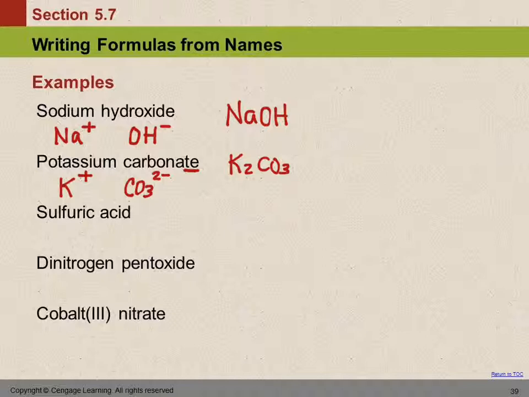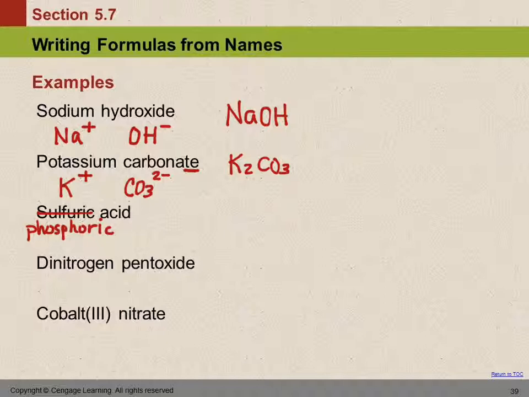What kind of a compound is sulfuric acid? Maybe an acid? We just did sulfuric acid, so I'm going to change this one. Let's make it phosphoric acid. So phosphoric acid.